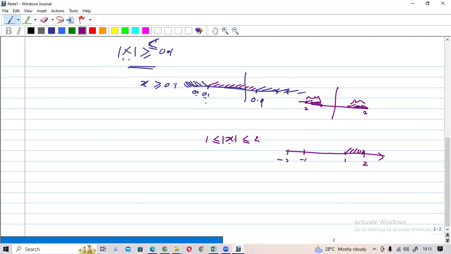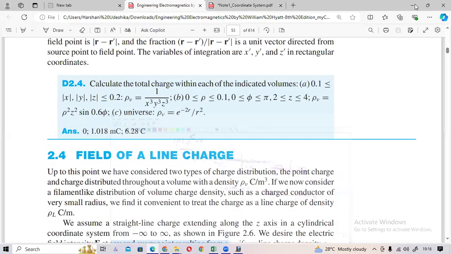Now there is a magnitude, so -1, -2 is also applicable. So this one is also there. This is the area mentioned, within each of the indicated volume. Calculate the total charge within the indicated volume.